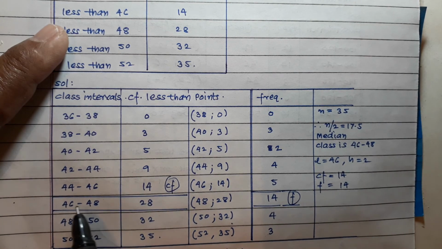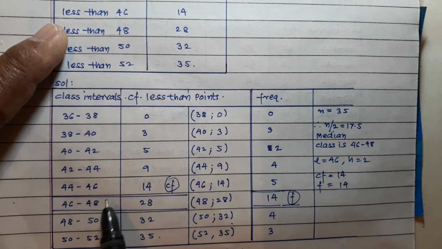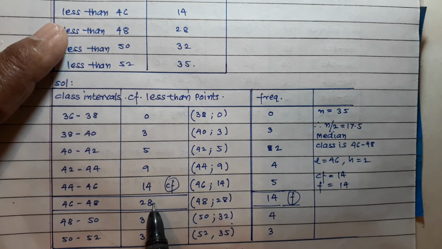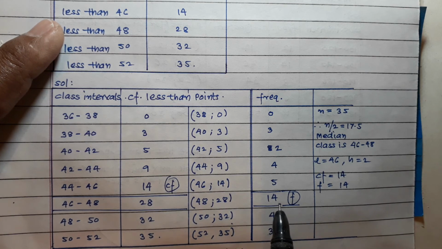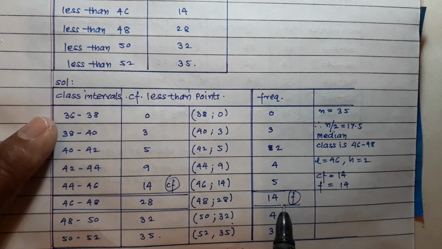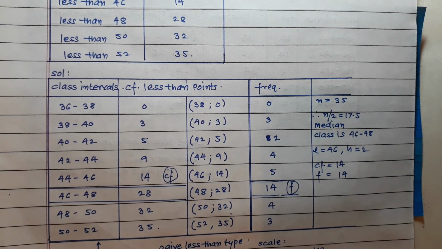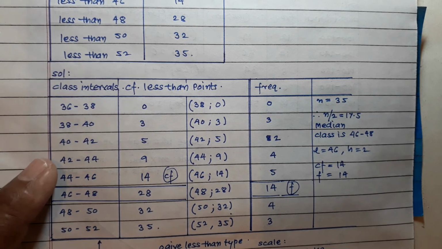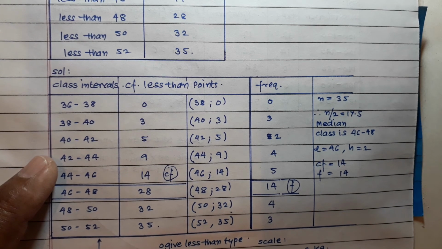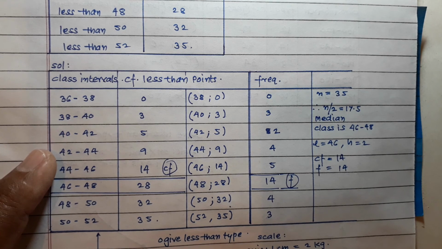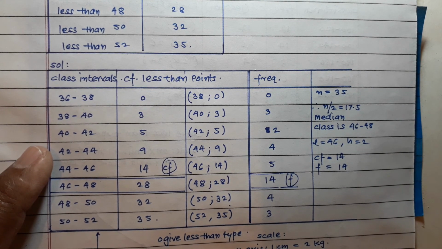L is equal to 46, h is equal to 2, cf is equal to 14, f is equal to 14. Calculate, and you will get that it is also equal to 46.5. So both the medians are the same.